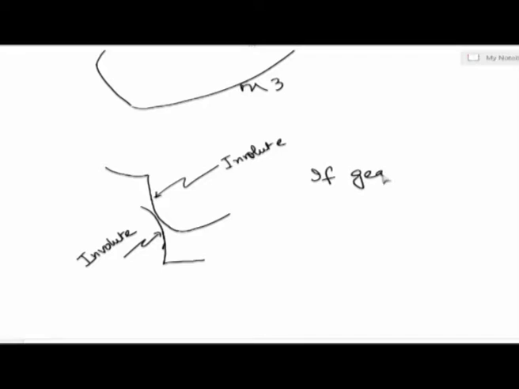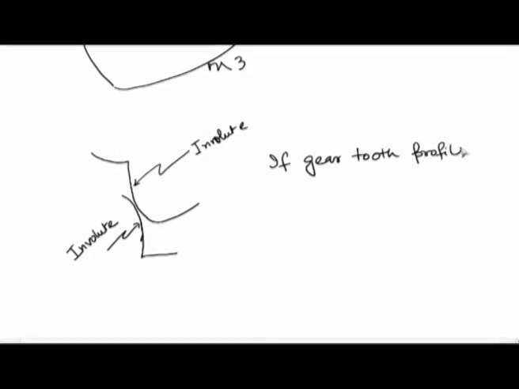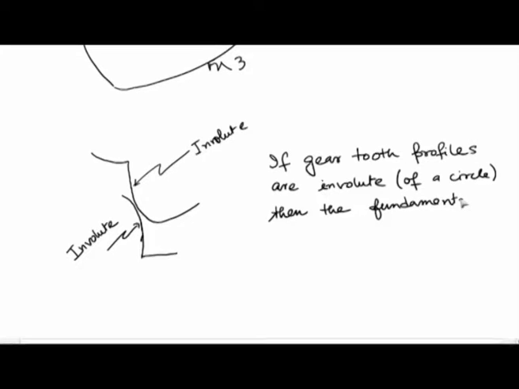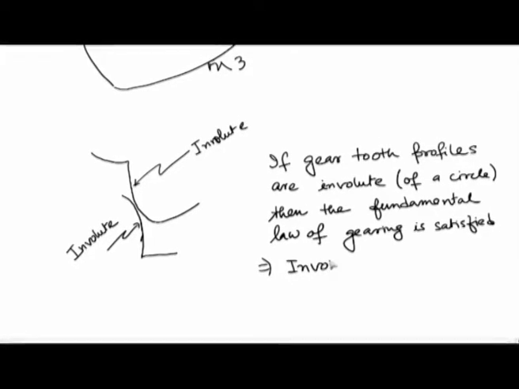So if gear tooth profiles are involute of a circle, that goes without saying, then the fundamental law of gearing is satisfied, which means involute profiles are conjugate.